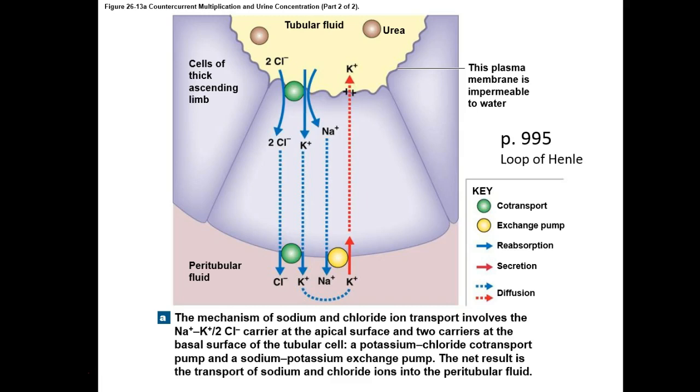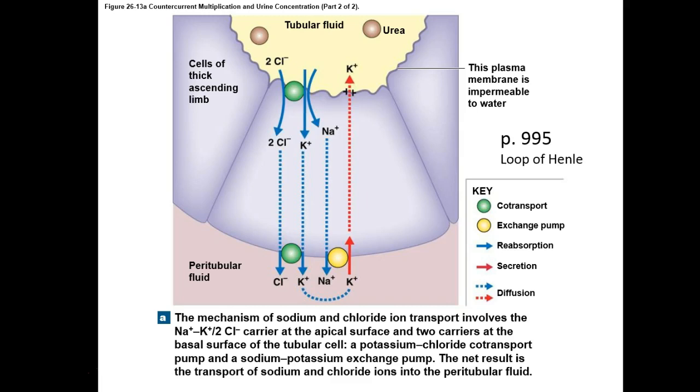So what you have is something that actually can facilitate the transport of sodium, potassium, and chloride. It's in the apical surface of the epithelial cells of the thick ascending limb, and it requires, at the ascending limb, at the basal surface, there are also carriers.